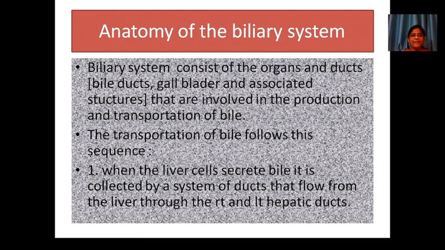When the liver cells secrete bile, the bile is collected by a system of ducts that flow from the liver through the right and left hepatic ducts. That is the first point: the liver secretes bile, and this bile is collected in the right and left hepatic ducts.